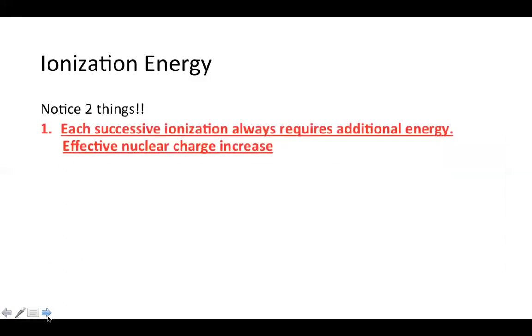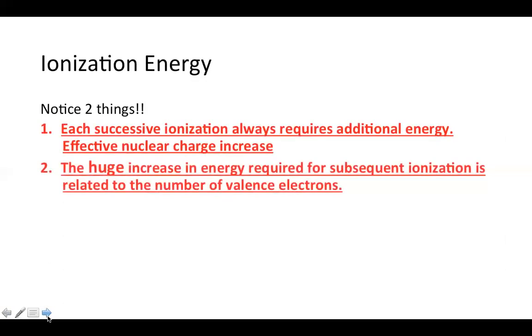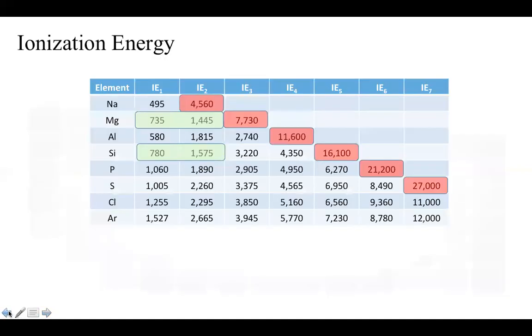The second thing you should notice is that there's a huge increase in the energy required for one of the subsequent ionizations. And where you see that huge jump, that's related to the number of valence electrons that element has.